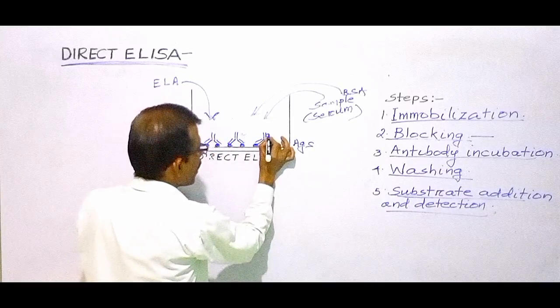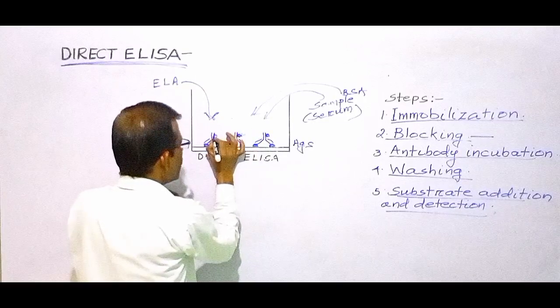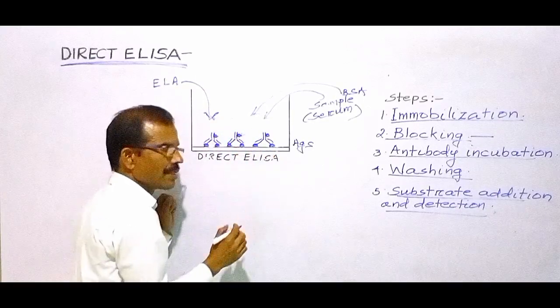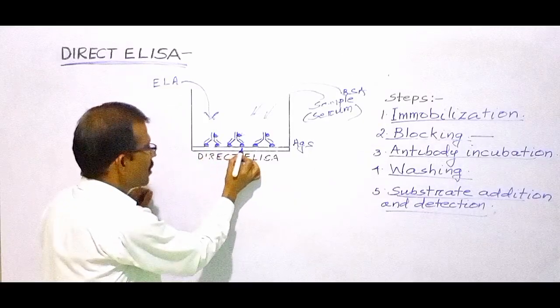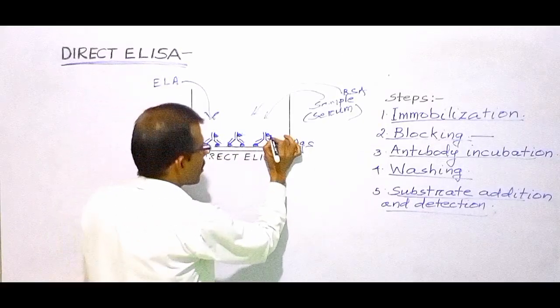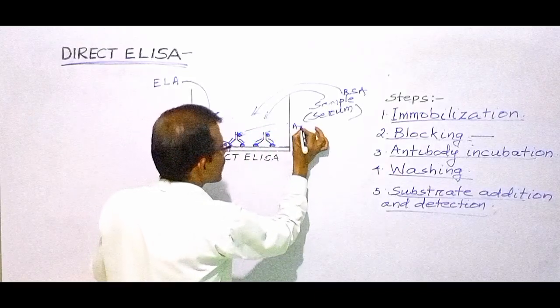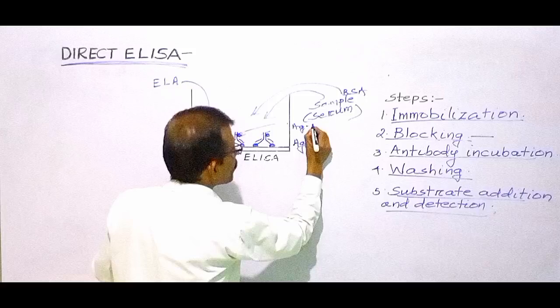So these are the enzyme-linked antibodies which bind to the target antigens that are immobilized at the bottom of the wells. As a result of this binding, an antigen-antibody complex will be formed.